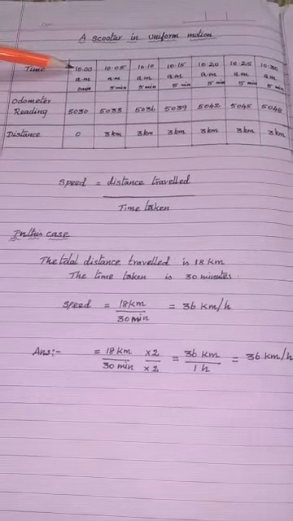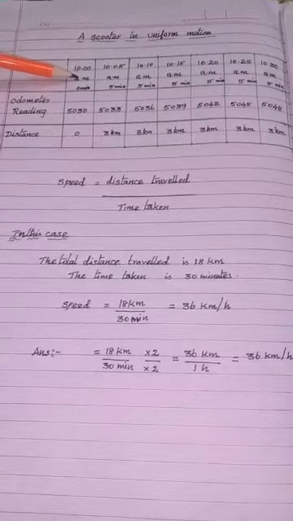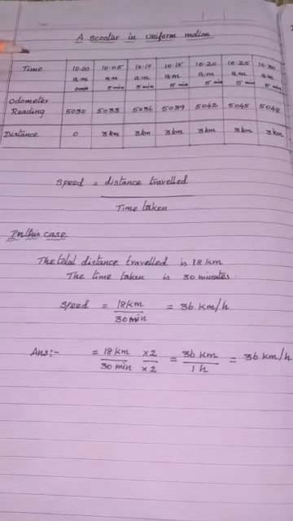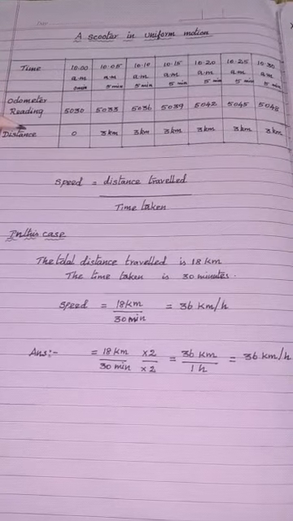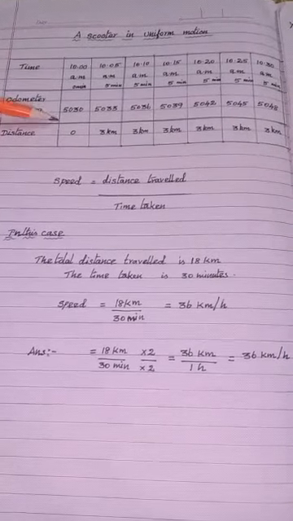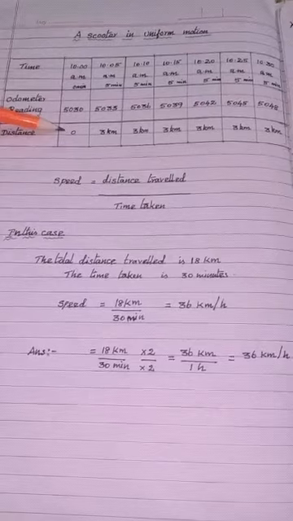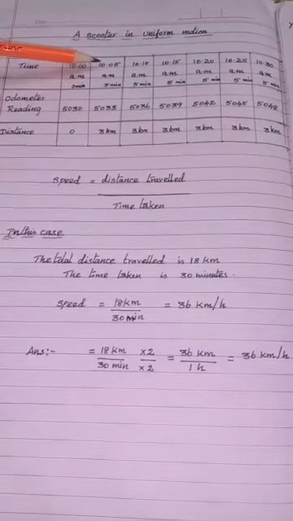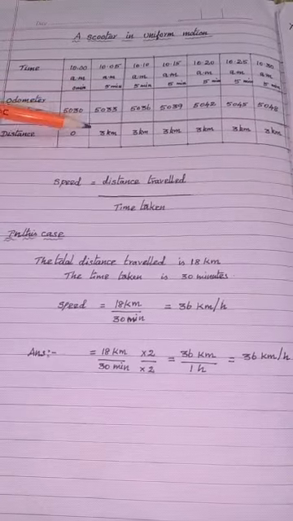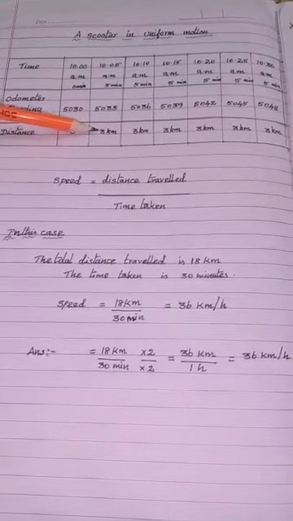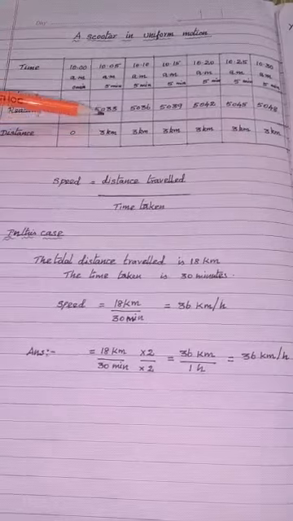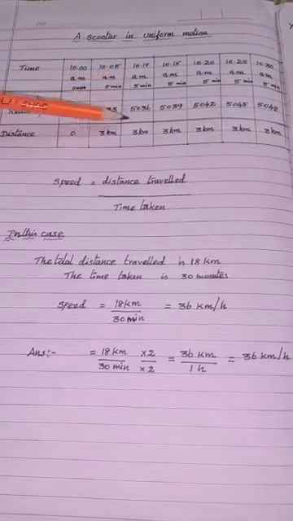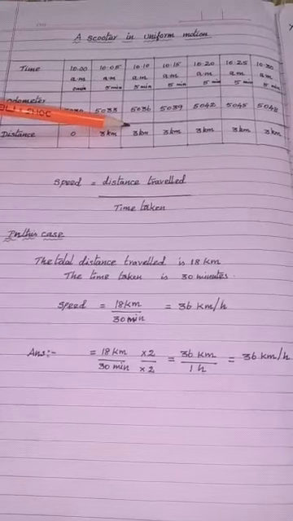At 10 a.m. the scooter is at the starting point, and so time and distance travelled are both 0. At 10:05 a.m. the scooter has travelled 3 kilometers in 5 minutes. For another 5 minutes, it has travelled another 3 kilometers.